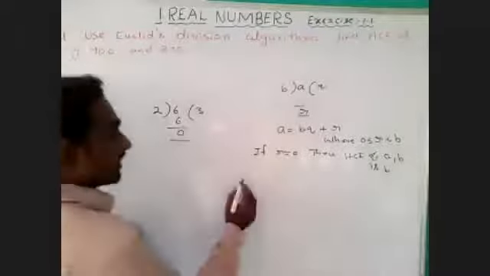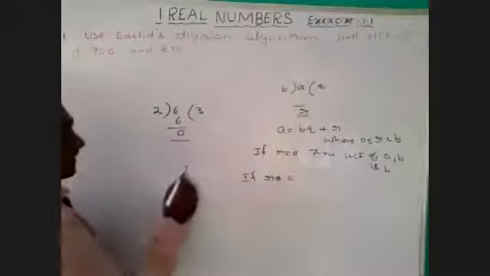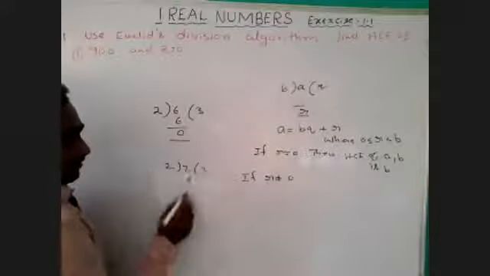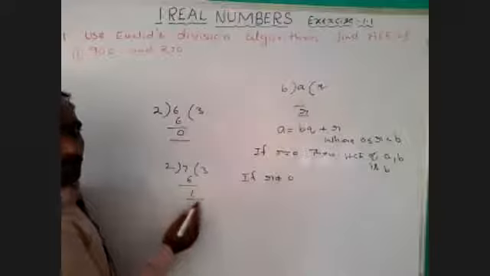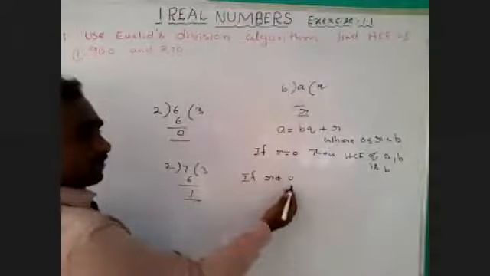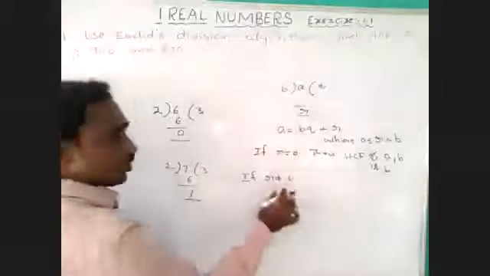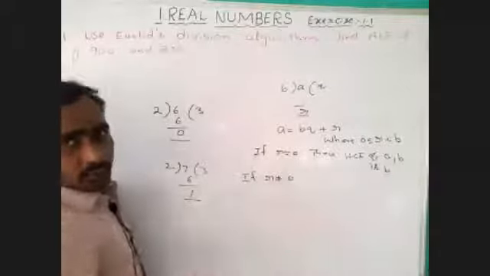Suppose R is not equal to 0. For example, 7 divided by 2: 2 threes are 6, 7 minus 6 is 1. So here 1 is not equal to 0, the remainder is not equal to 0. If R is not equal to 0, then this process continues till the remainder becomes 0.